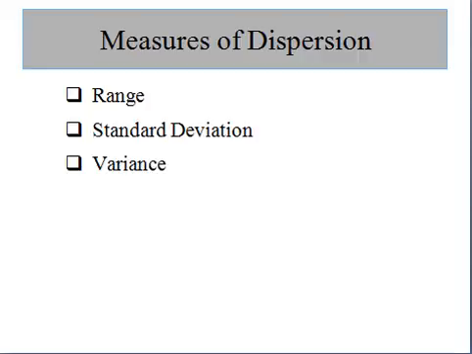Right, let's talk about measures of dispersion or measures of variability. It's very much possible that we have a sample size where the mean value is the same for, let's say, 4 or 5 different samples, and the spread or the variability is different.